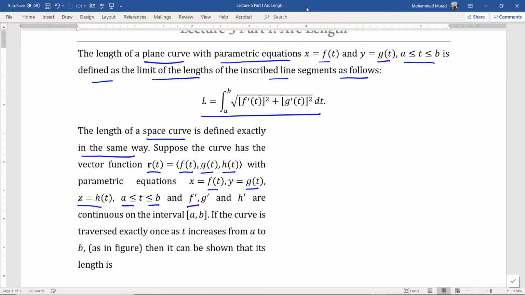And f prime, g prime, and h prime are continuous functions on the interval a to b.